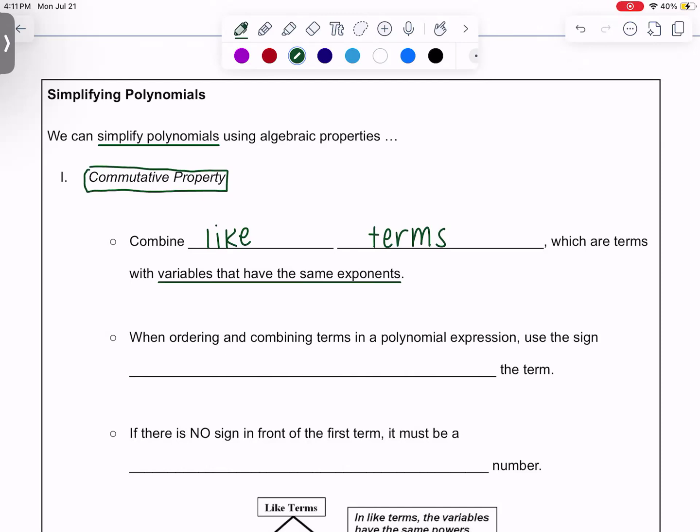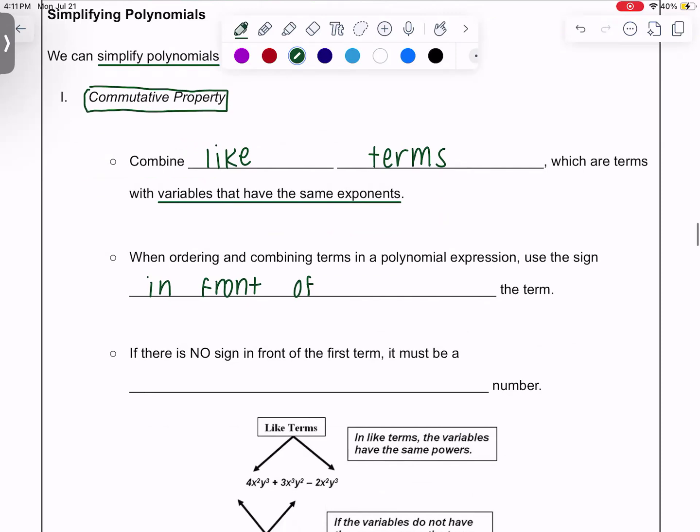When ordering and combining terms in a polynomial expression, you want to use the sign in front of the term. It tells you if it's positive or negative. If you don't see a sign in front of the first term, it must be a positive number. Okay?